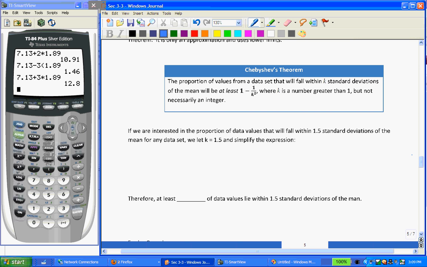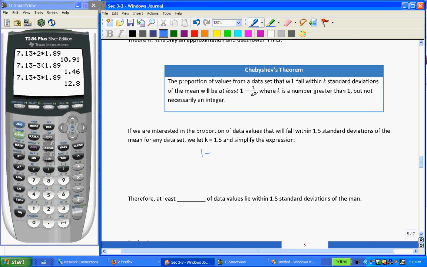Let's take a look here. If we are interested in the proportion of data values that will fall within 1.5 standard deviations of the mean for any data set, we let k equal 1.5 and simplify the expression. So knowing that I want to be 1.5 standard deviations away from the mean, when I plug this into this expression here, it'll tell me the lowest proportion of data values that will fall within that range.